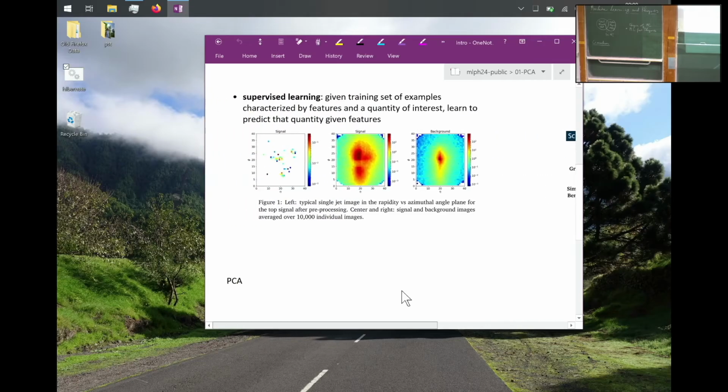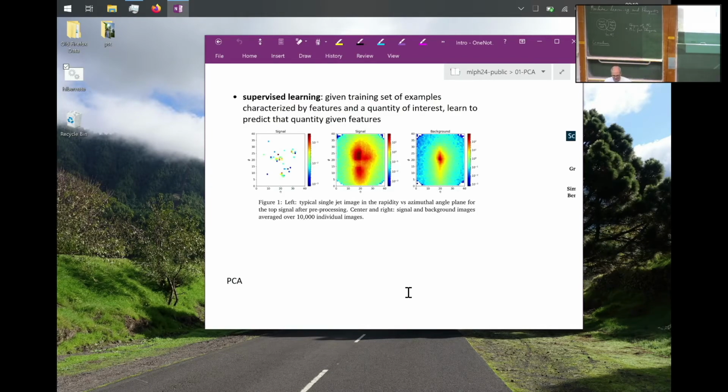And what you see here is one particular signal, and then averages over 10,000 signals in case there really was an event and in case there was not an event. And in supervised machine learning, you get lots of training data with a true label, and then given any new observations, you try and predict that true label.